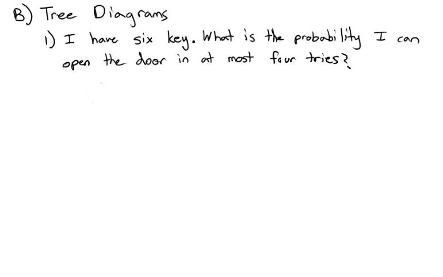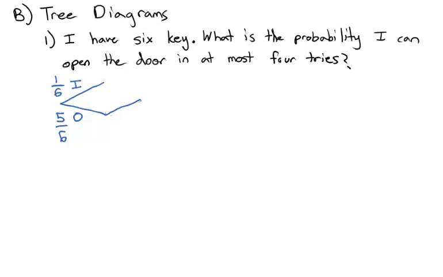So I've got this first branch where I either get in or I'm stuck out. The probability that I get in right away is if I get that one correct key out of the 6. If I'm stuck out, probability there is 5 out of 6.